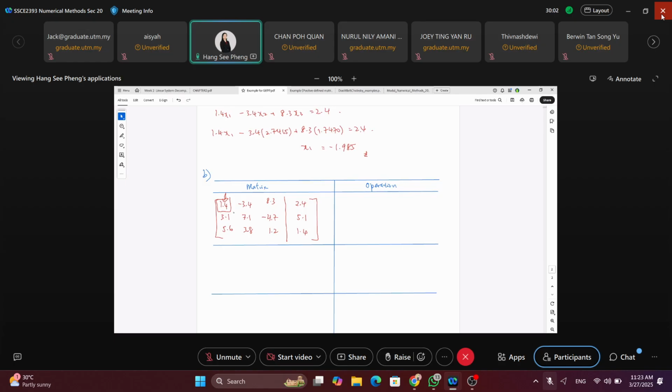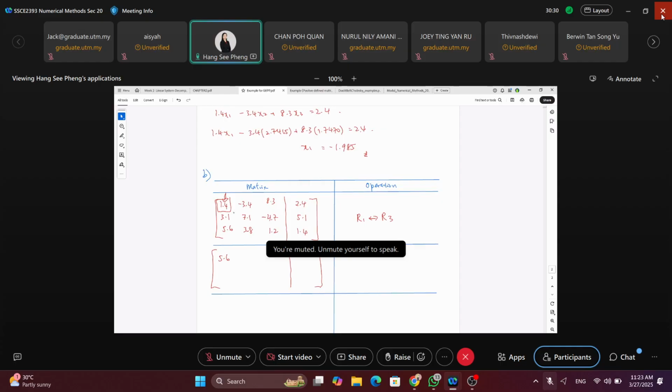For this question, you can see row 3's first value is larger than the first value in the first row. So a smaller value shouldn't be located here, and we do the row interchange. We swap row 1 and row 3. Now we go for this new matrix. After these operations, we have 5.6.